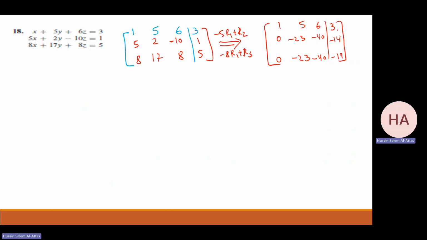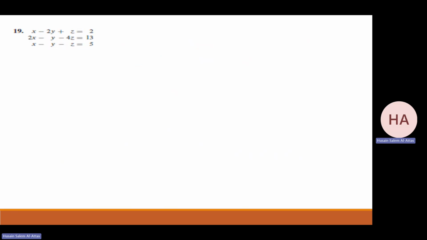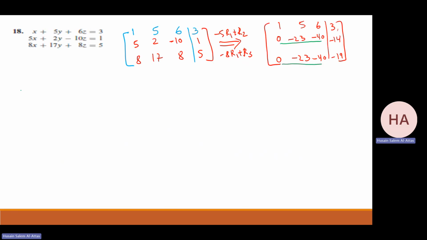Now, if we look at this one, I notice these two are the same. So I multiply the second row by minus and add it to the third row. I think that will finish the problem.